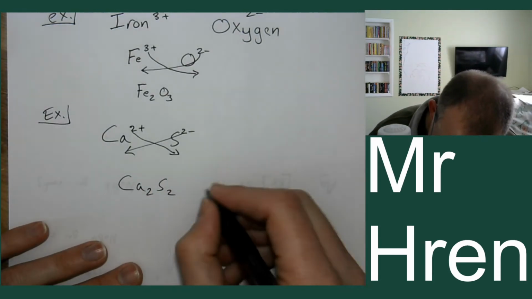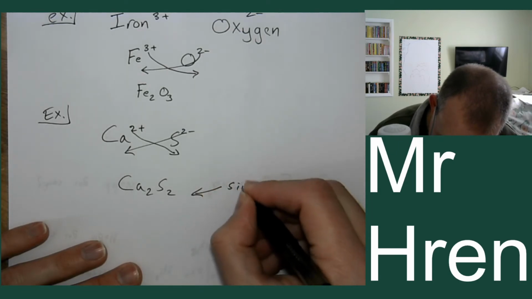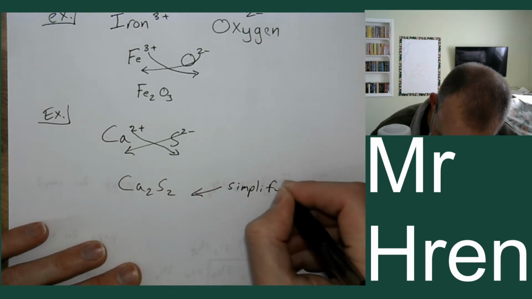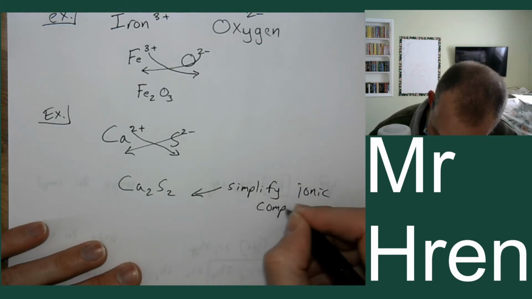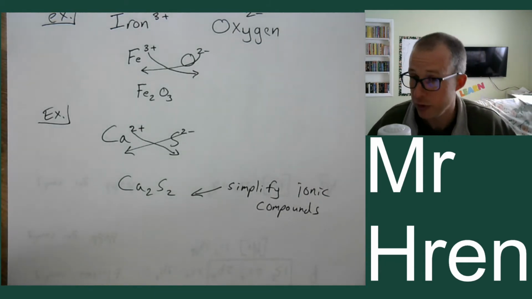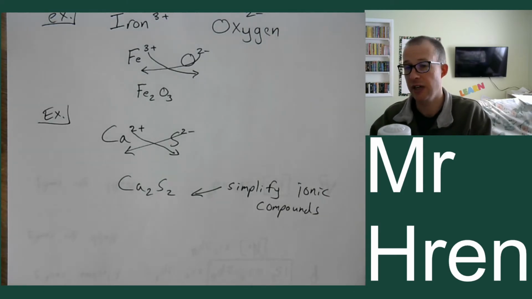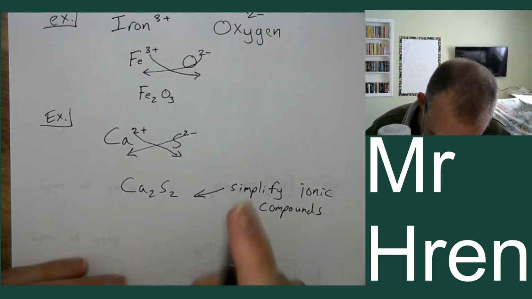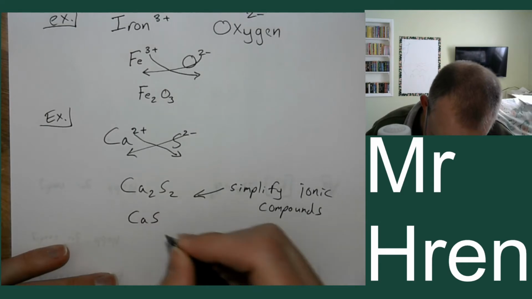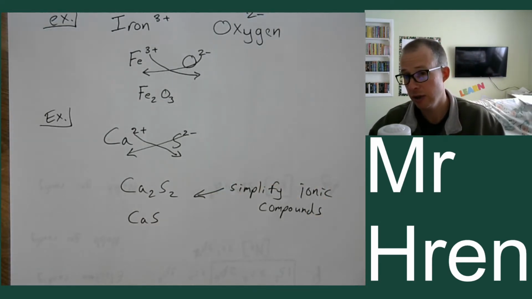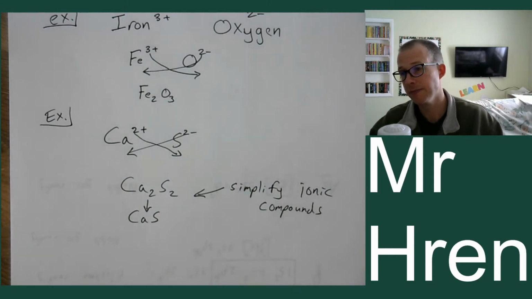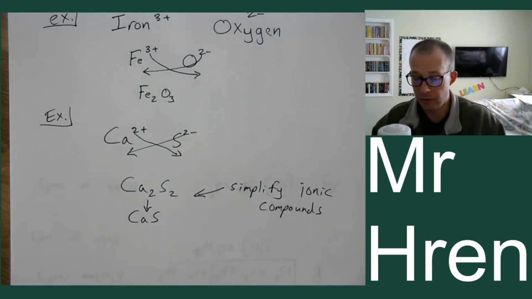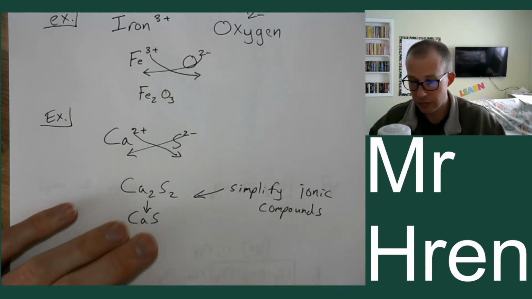So you will simplify ionic compounds. That means you keep the ratio the same, but you simplify the numbers. So 2 and 2 can just be simplified to CaS because they can both be divided by 2. So that becomes that. All right. That's the only thing you really have to be aware of when you're doing ionic stuff.